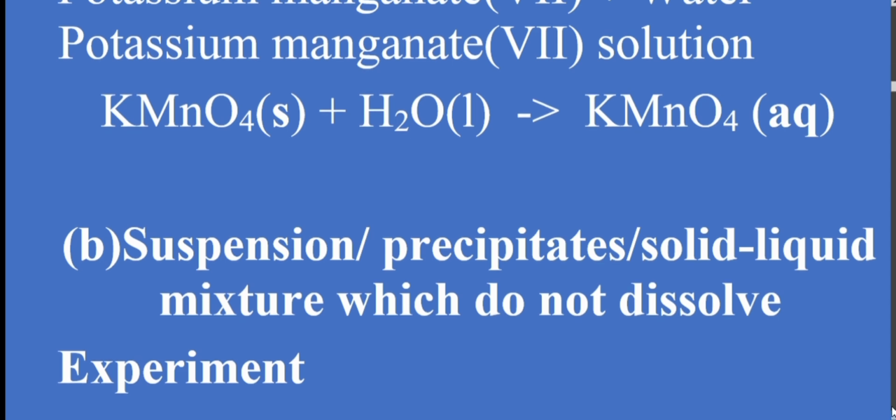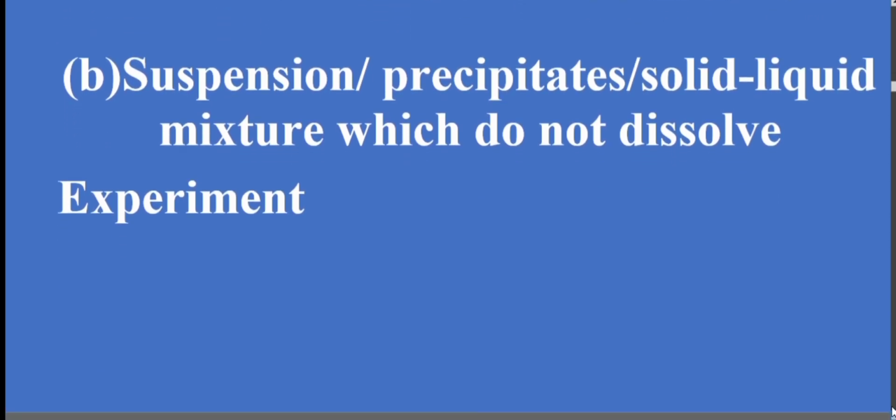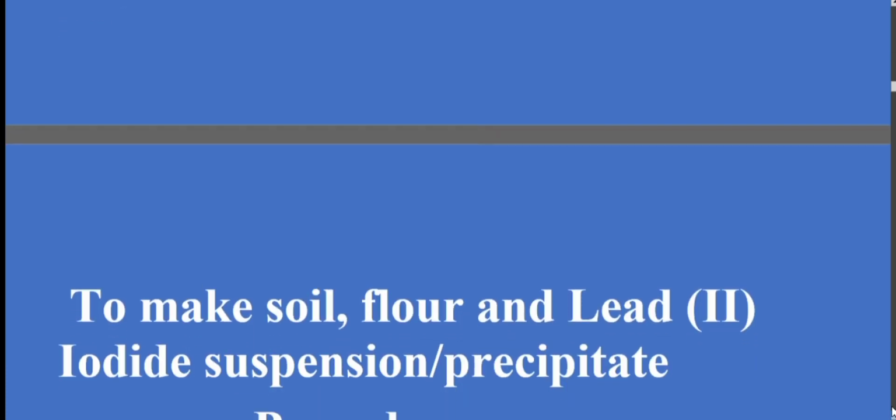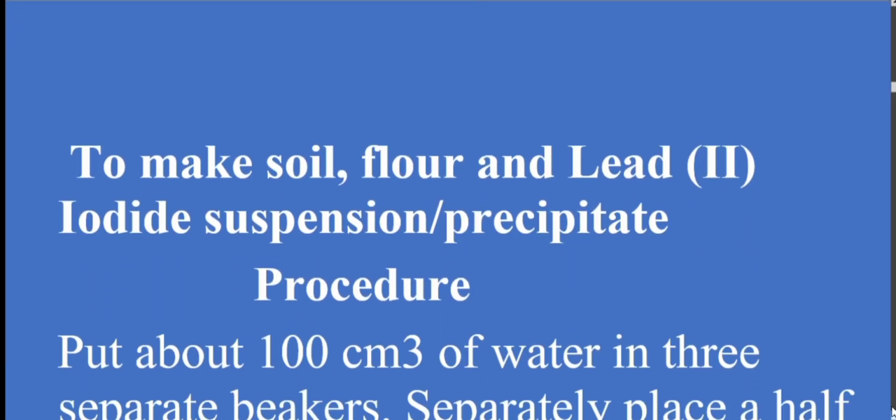Now, this is the experiment that we are carrying out. Then we'll make some observations and explanations, then we come up with conclusions. So we want to make soil, flour, and lead 2 iodide precipitate or suspension.